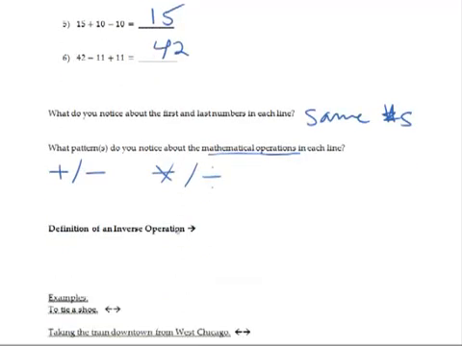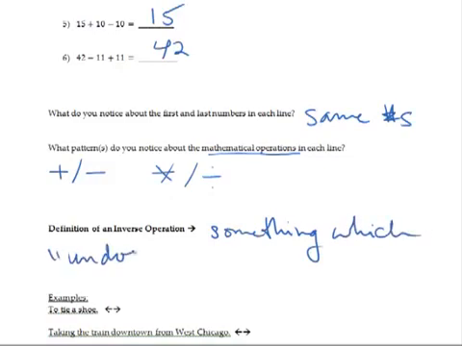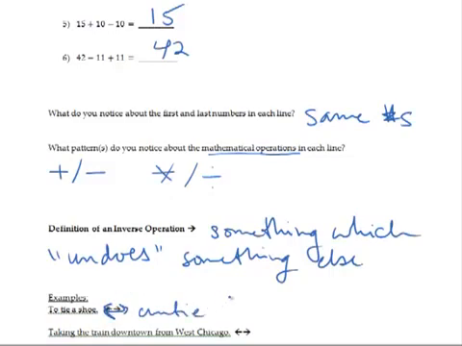The definition of an inverse operation is something which undoes something else. Takes it back to its original state, if you will. So for example, to tie a shoe, the inverse operation here would be to untie your shoe.